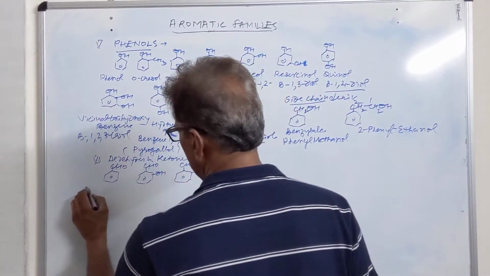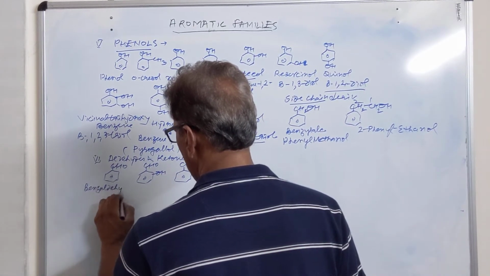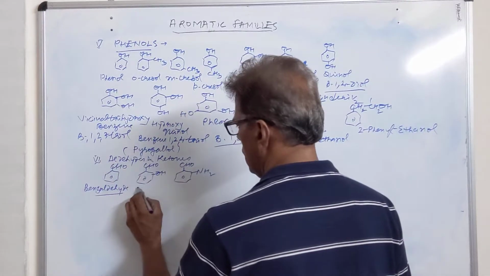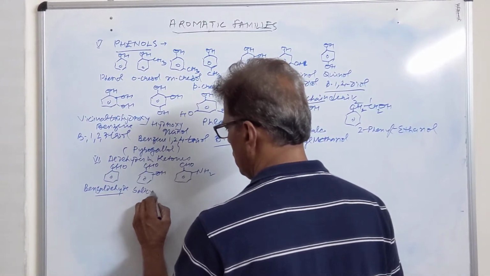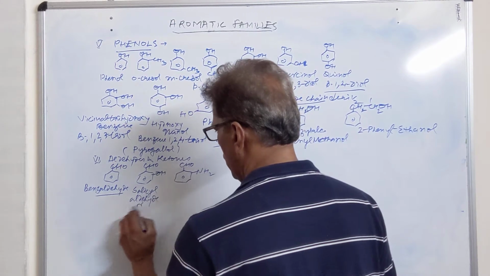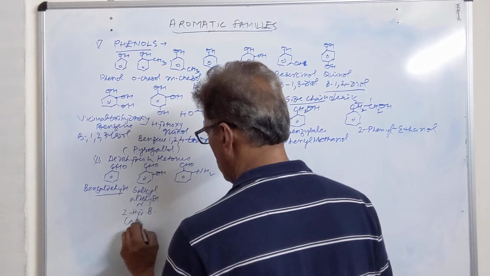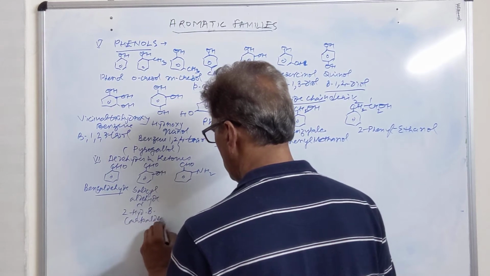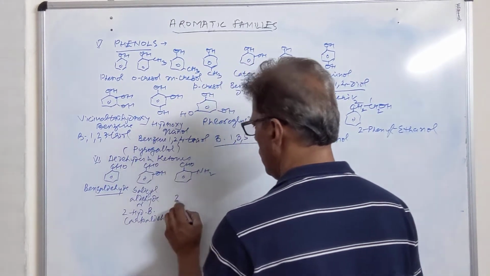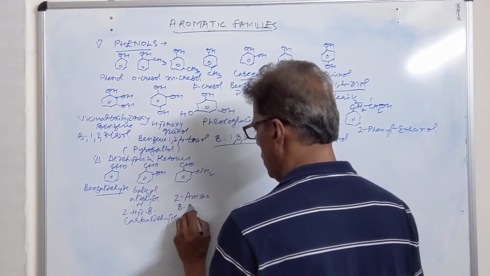This is called as benzaldehyde or benzene carbaldehyde. This is salicylaldehyde, or it is 2-hydroxy benzene carbaldehyde, 2-amino benzene carbaldehyde.